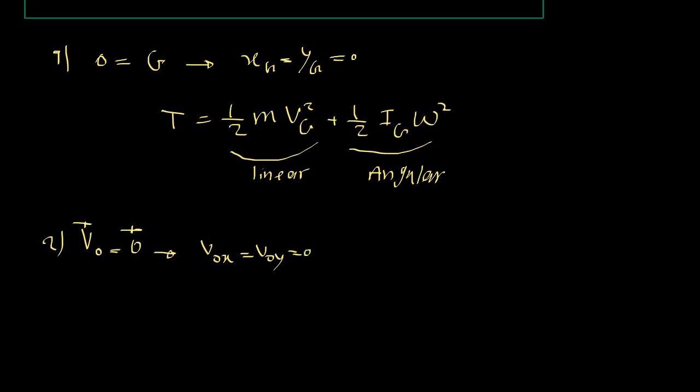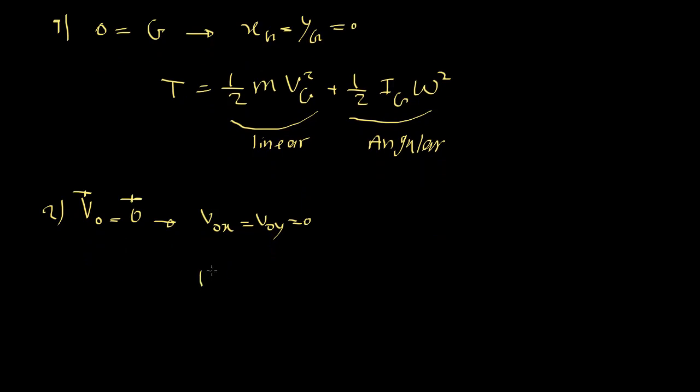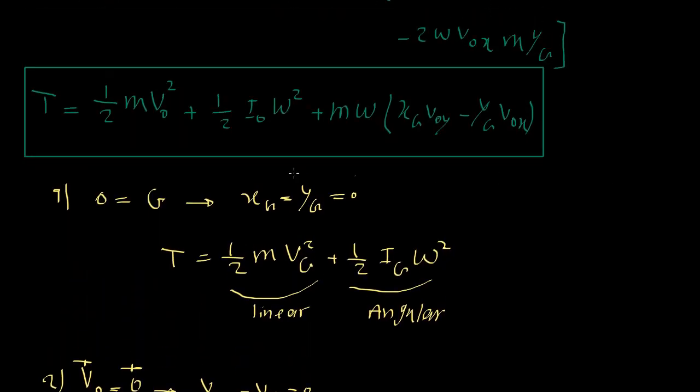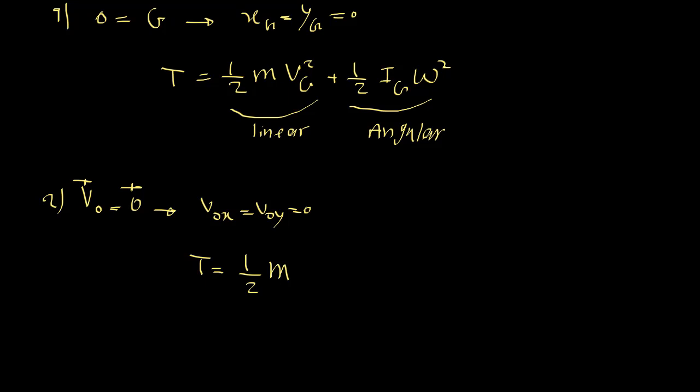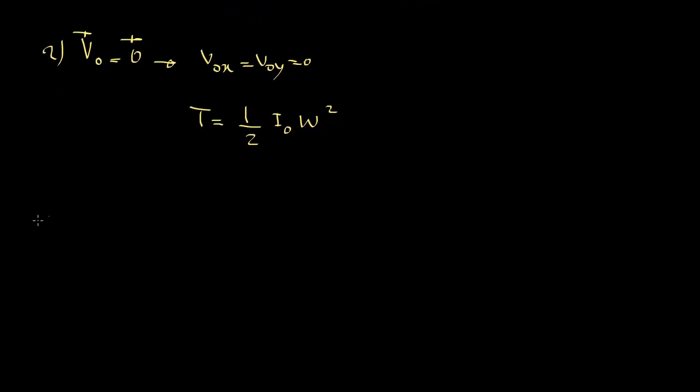And here we get T is equal to 1 over 2 m... actually, the first term is also 0 here because VO is 0. So this term would be 0, this term would be 0. We have only 1 over 2 IO omega squared.